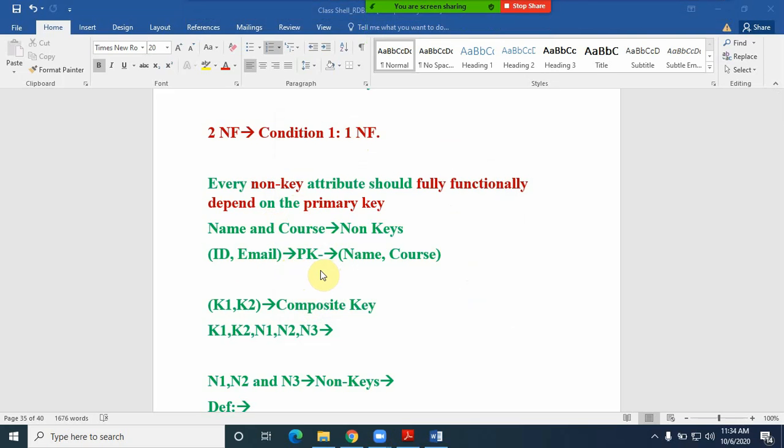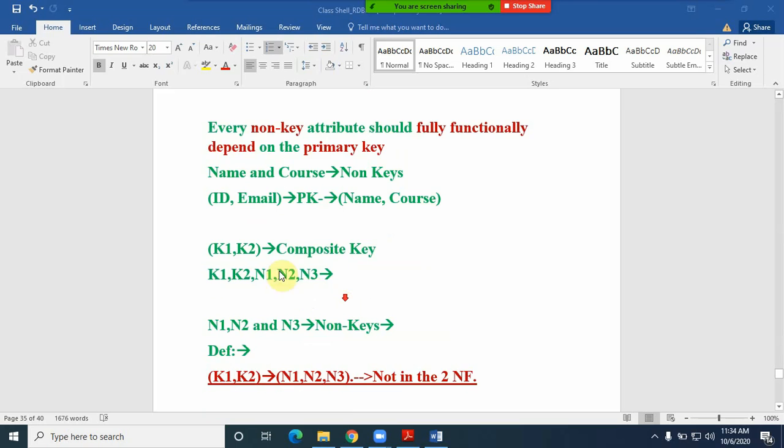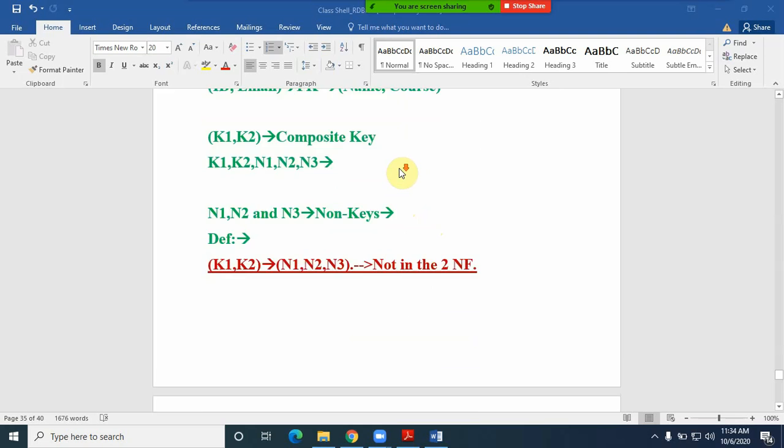In this case, the course can be obtained with the help of the ID. K1 and K2 are composite keys, and no partial dependency should be entertained. So the partial dependency should be avoided. No non-key should partially depend on part of the key. It should be fully functionally dependent. This also we have seen.